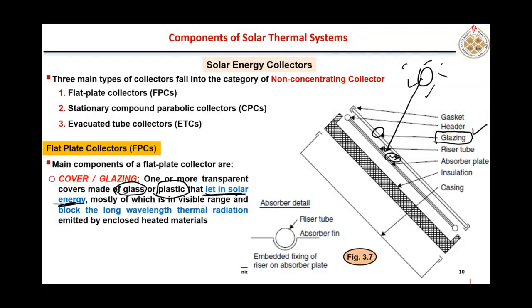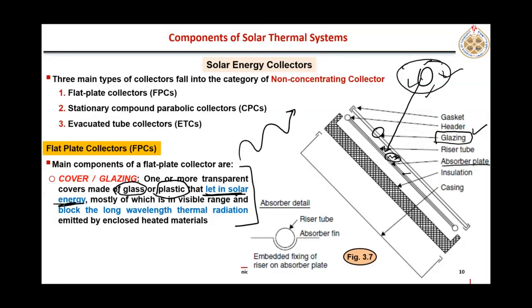Okay. So that is the major purpose of this glass cover. It will allow the solar radiation to pass through, but it will block the long wavelength radiation emitted by that absorber plate or those pipes, right? Because the temperature of the absorber plate or those pipes is much lower than the sun. That's why they are emitting long wavelength radiation.